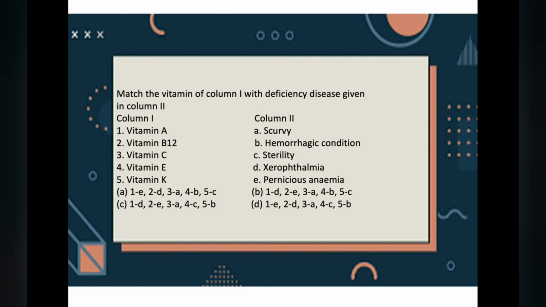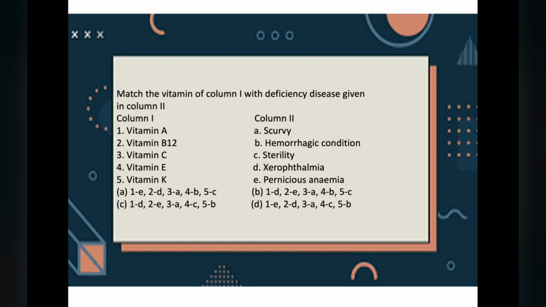Now here we have a match the following question. We had learned a chart regarding the deficiency of vitamins and the diseases caused, and I had emphasized the importance of this particular topic, because you get many questions for NEET from it. On the left hand side, we have the names of the vitamins: one is vitamin A, two vitamin B12, three vitamin C, four vitamin E, five vitamin K. And in column 2, we have scurvy, and a hemorrhagic condition.